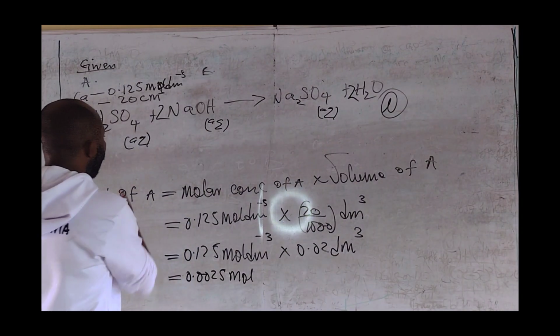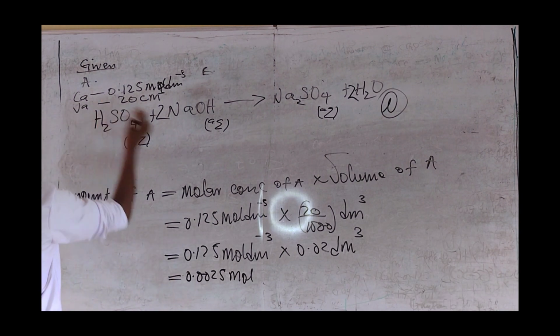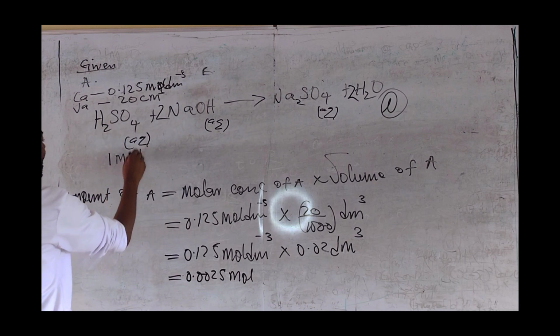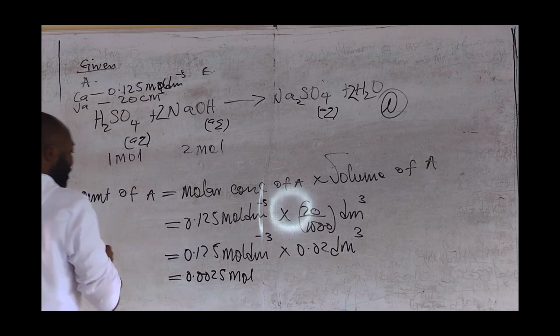So now we come back. Here I have an established rule, which is 1 mole of tetraoxosulfate(VI) acid gives us 2 moles of sodium hydroxide.